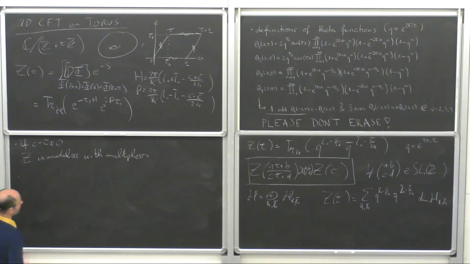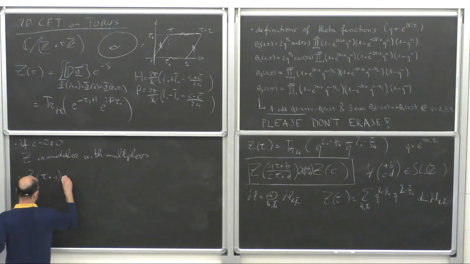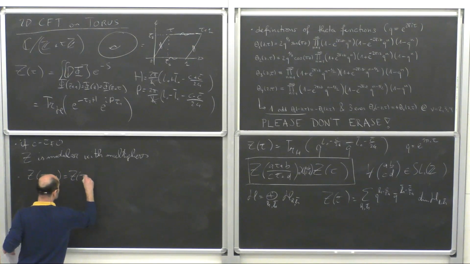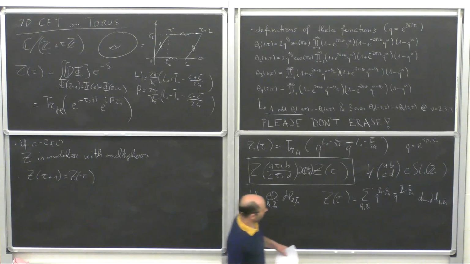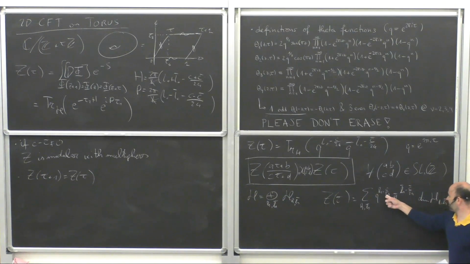Other observation: invariance under tau goes to tau plus 1. If you look at this, apart from the c and c bar factors that can get you a phase if c minus c bar is different from 0, then essentially this tells you that h minus h bar must be an integer.